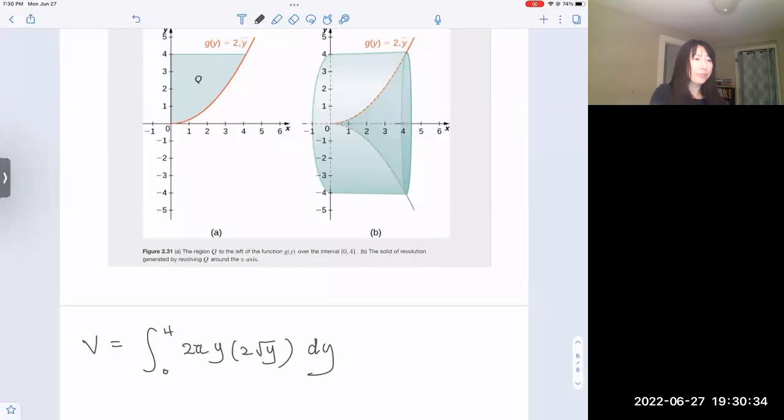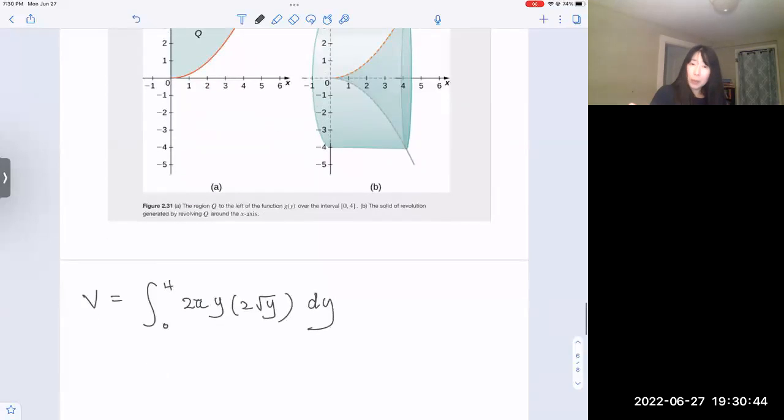Now with the multiply and distribute, we have 4 pi. Now we have y times y to the 1/2, which is y to the 3 over 2. Excellent.